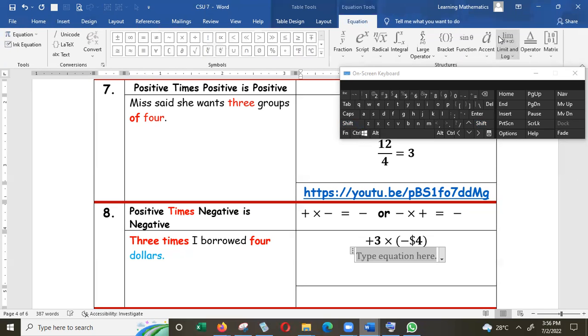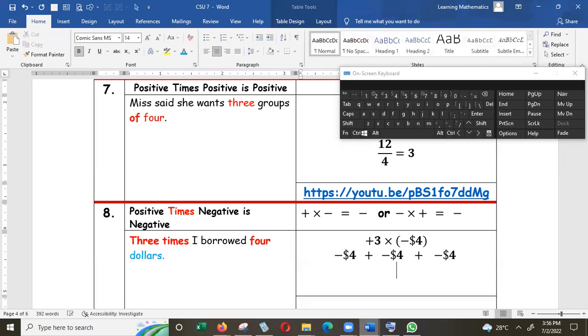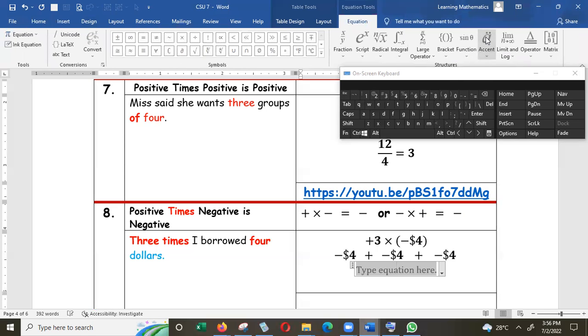So this basically means one time and, the symbol for and is a minus sign, a second time and a third time. 3 times $4 was borrowed. So finally, we must have borrowed $12.